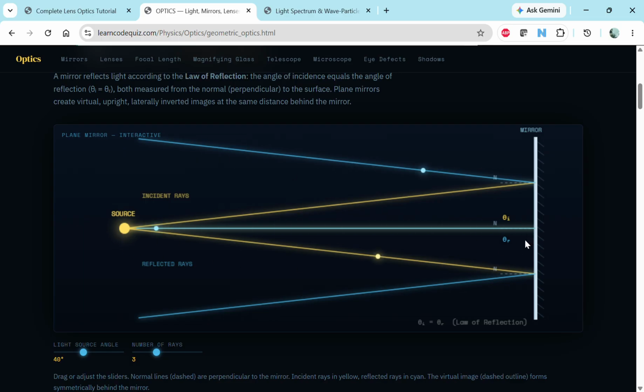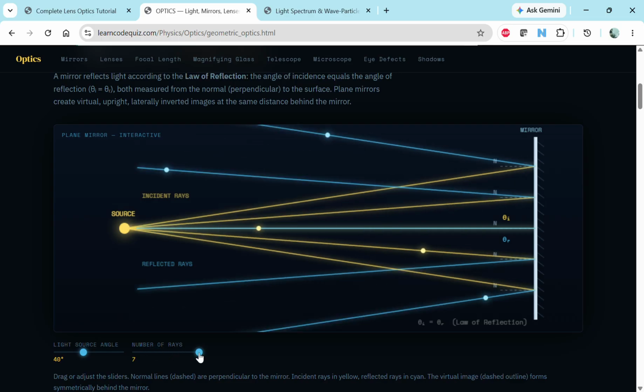But if the light strikes straight, without being incident at an angle, for normal incidence, it just bounces back. See this? You increase the number of rays, you get a better picture of what's going on here. Light coming in, going out. Incident ray, reflected ray.